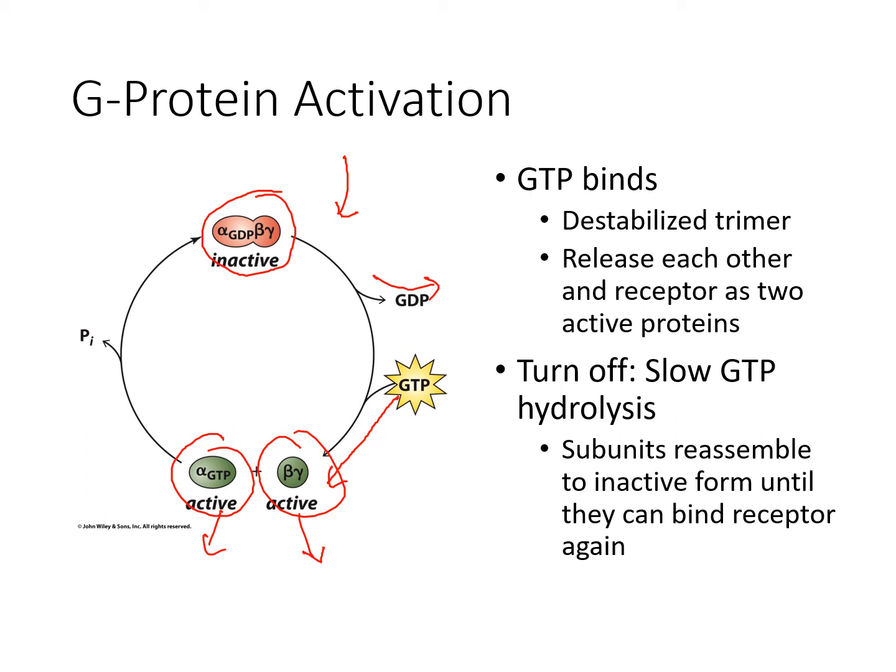During activation, it will hydrolyze the phosphate to become GDP again, and it will become the inactive G protein again and be coupled to the G protein linked receptor.